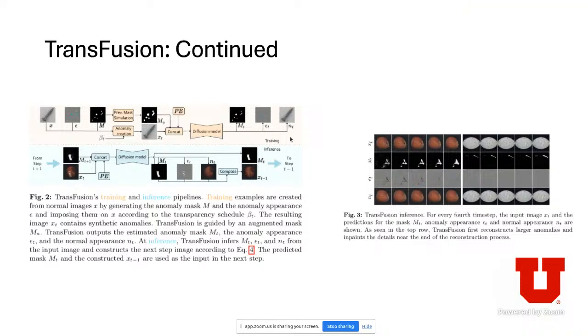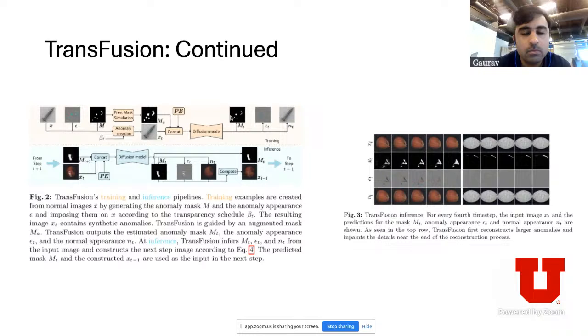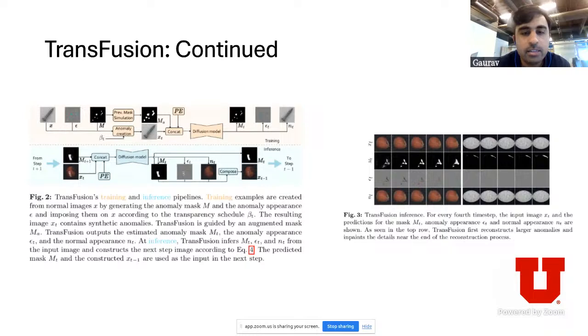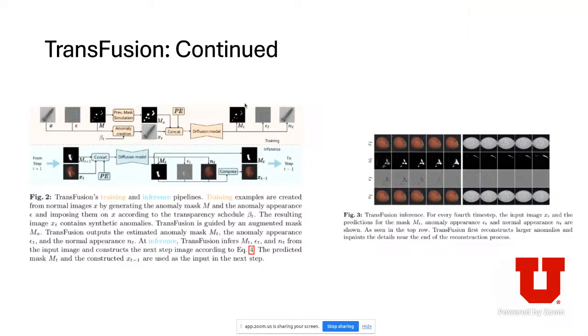Then through this combination, you can create another anomaly image. Yes, that would basically be the xt minus 1. Okay, interesting.